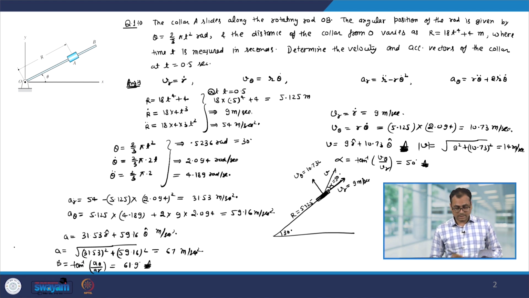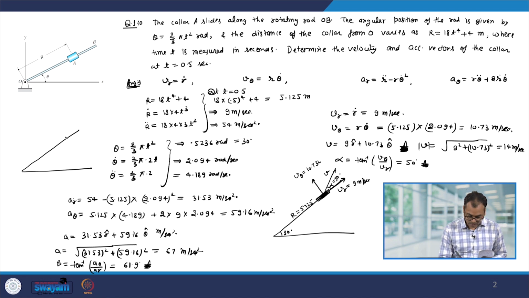Now let us look at the acceleration diagram. So at t equal to 0.5 second, this angle was 30 degrees, and r was 5.125 meter. The radial component of the acceleration is A r, which we have calculated.